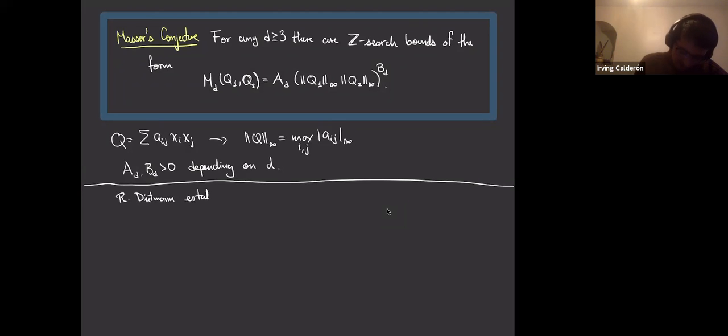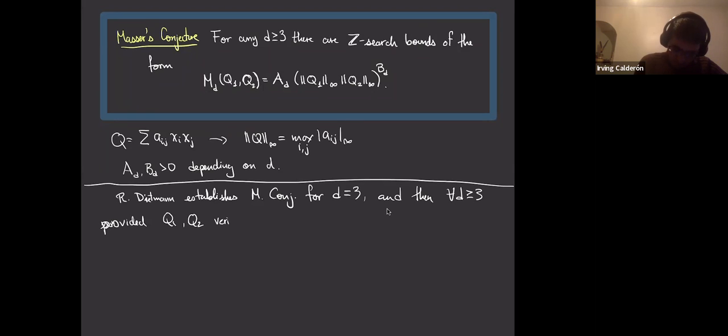He establishes Masser's conjecture first for quadratic forms in 3 variables, and then for d greater or equal than 3, provided Q1 and Q2 verify extra hypotheses.